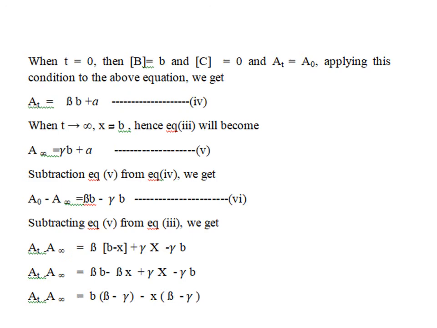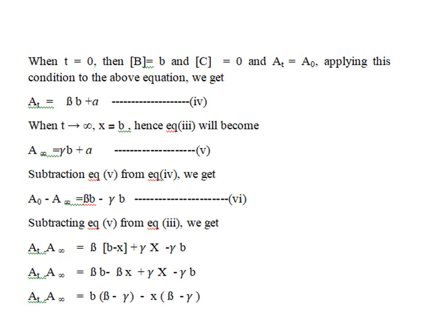Or rearranging this equation, absorbance at time t minus absorbance at infinity will be equal to b into (beta minus gamma) minus x into (beta minus gamma).